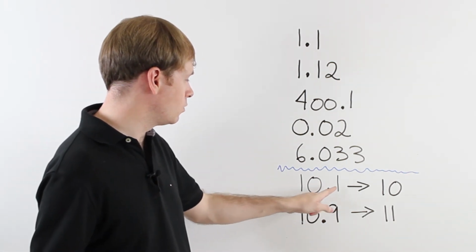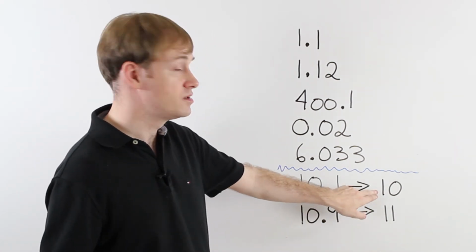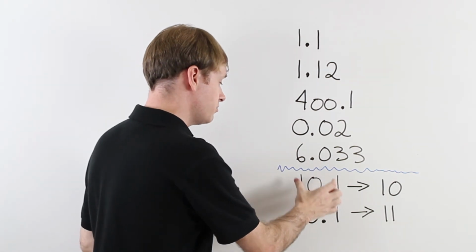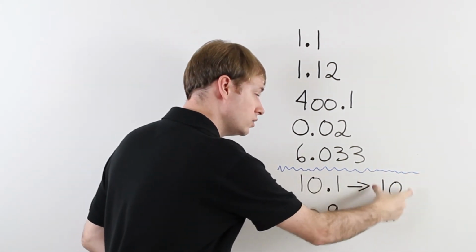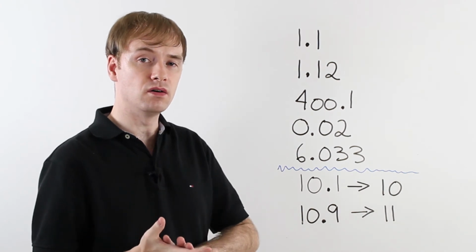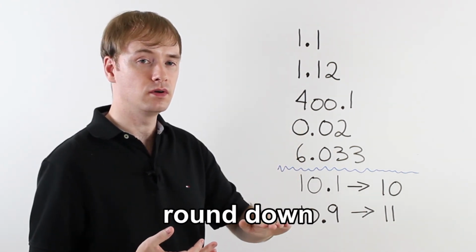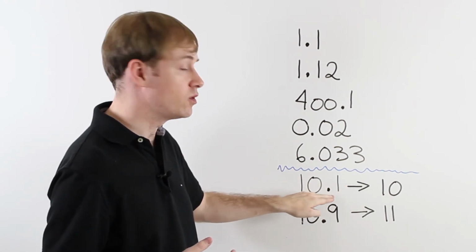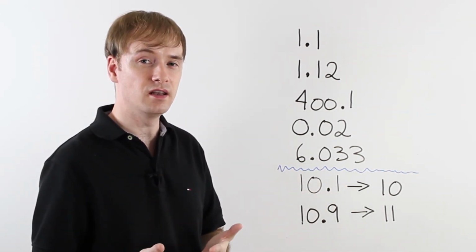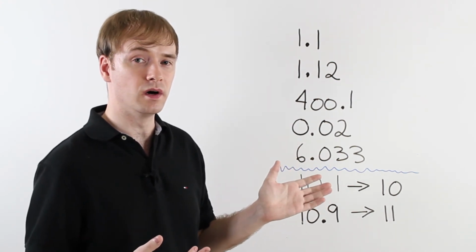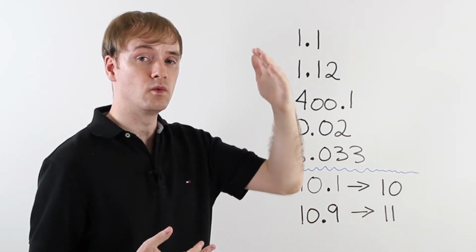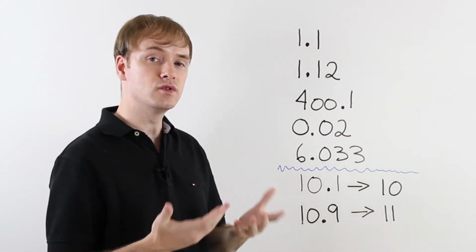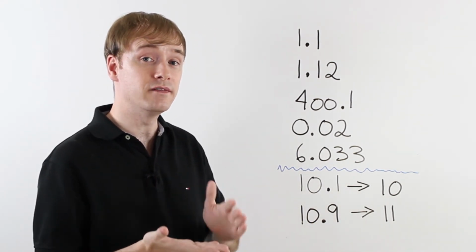Now 10.1 is very close to 10. Okay, so if we change 10.1, just change it to only 10, that's called round down. So 10.1 is very close to 10. So we take away the 0.1 and just have 10, round down. 10.9 is very close to 11.